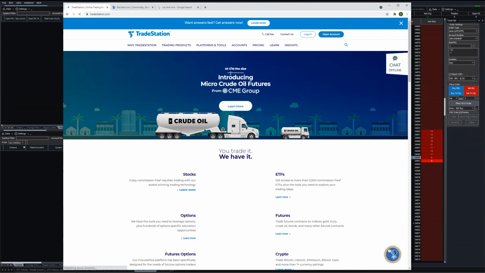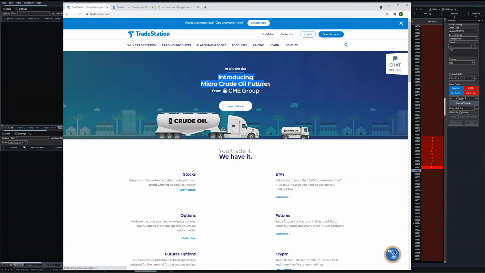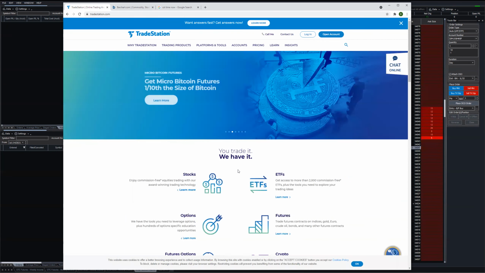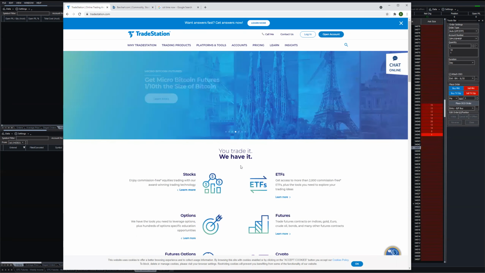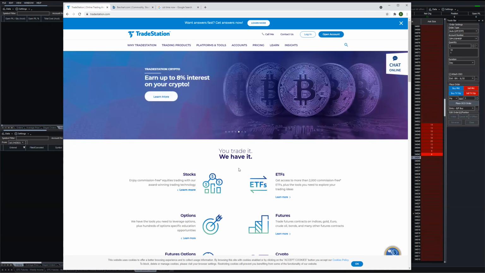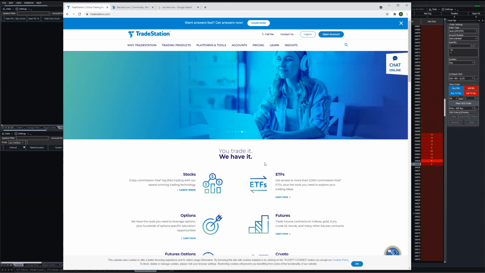Look at this: introducing micro crude oil futures. So literally you now have the normal crude oil futures, the E-mini, and the E-micro crude oil futures. So you literally have kind of standard lot, mini lot, and micro lot now on crude oil.